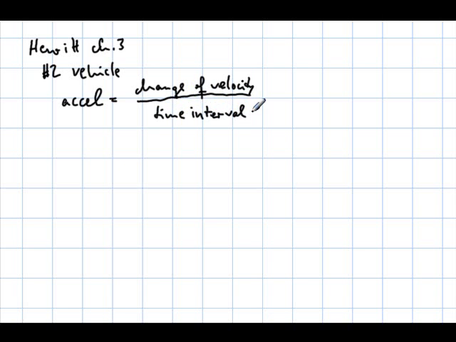So, what is the acceleration of a vehicle that changes its velocity from 100 kilometers an hour to a dead stop in 10 seconds? The acceleration is going to be 100 kilometers an hour to a dead stop, so I would have to subtract 0 from that.